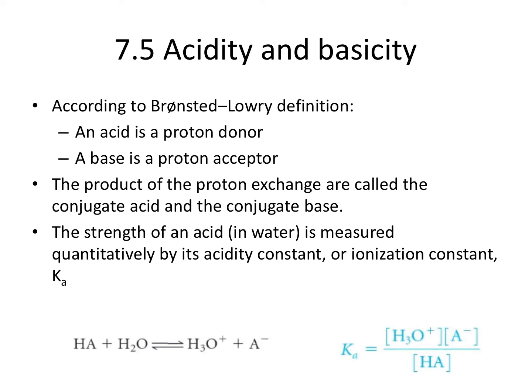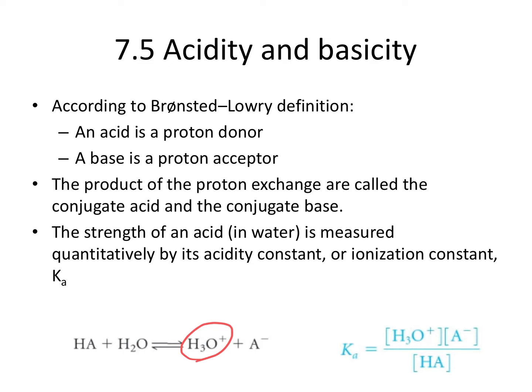And can anyone tell me how I can compare different acids? So I want to see which one is stronger. Yes? Isn't it how easily they dissociate in water? Exactly. So when they dissociate more, when you see more of H3O plus, what does that mean? What constant did we refer to to compare those things?